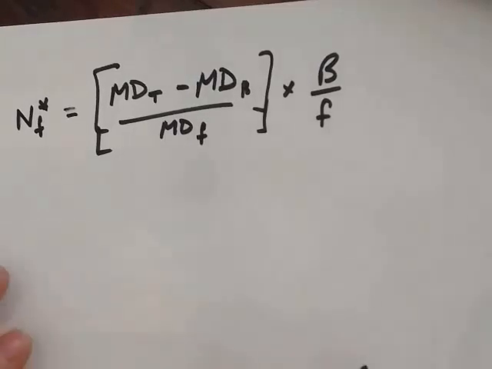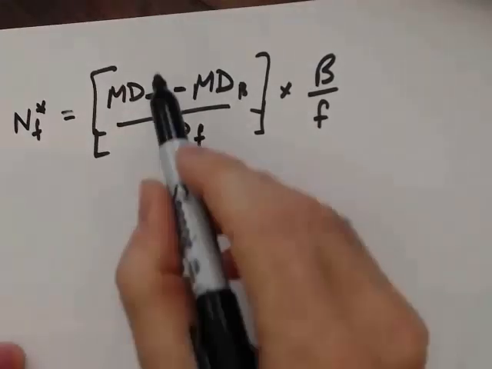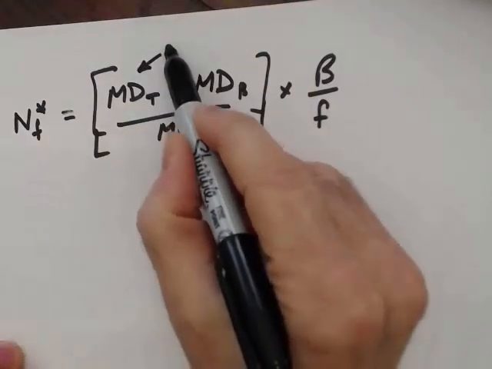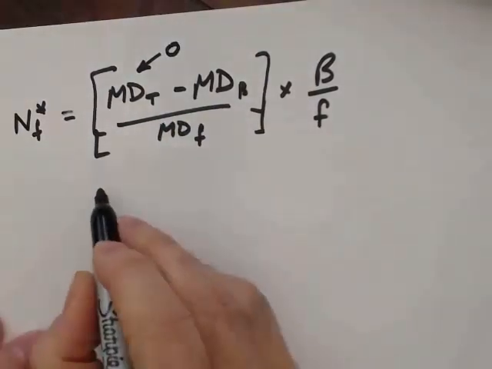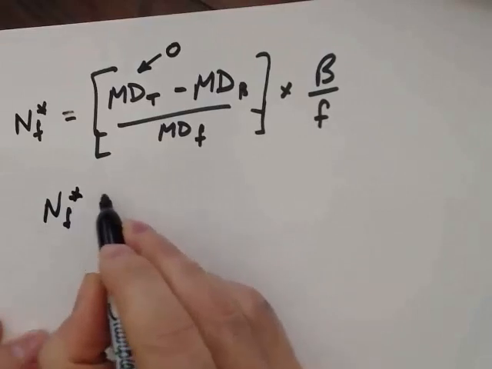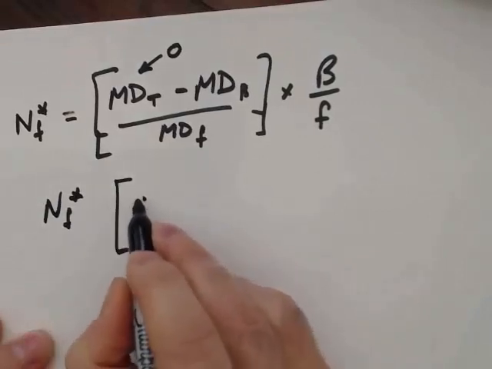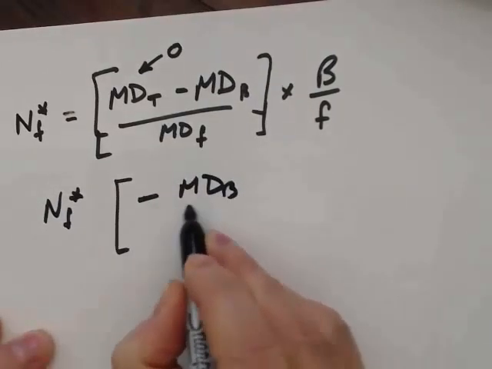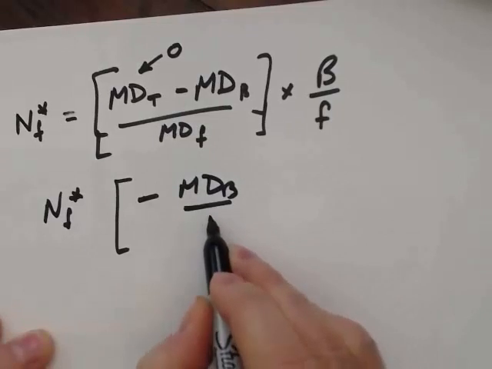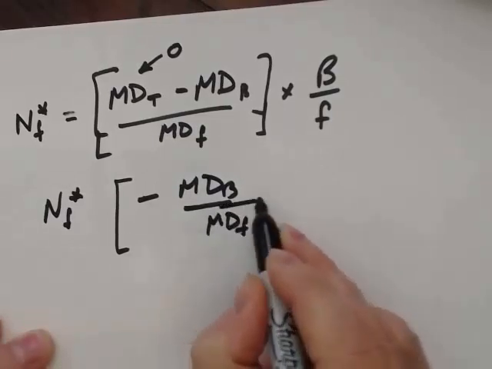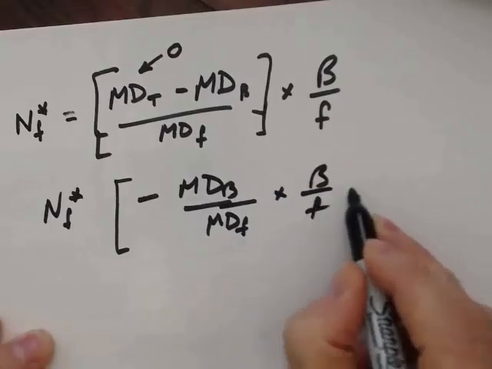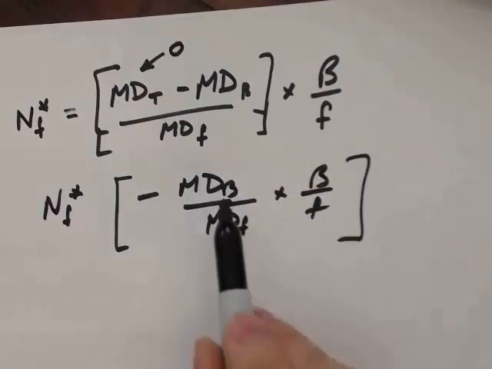Now, what we've been used to doing so far is this has been 0 all along in our previous formula. So this was the previous formula.